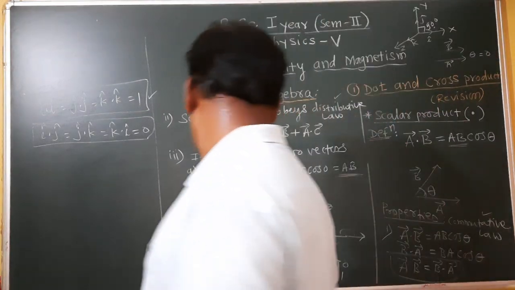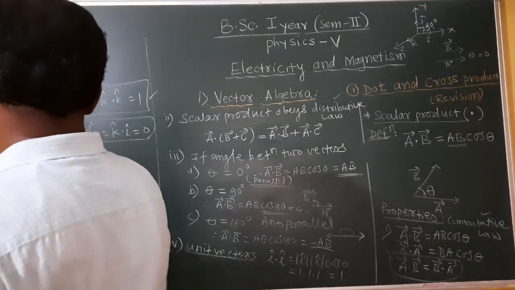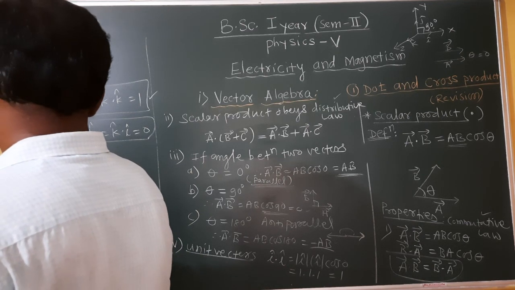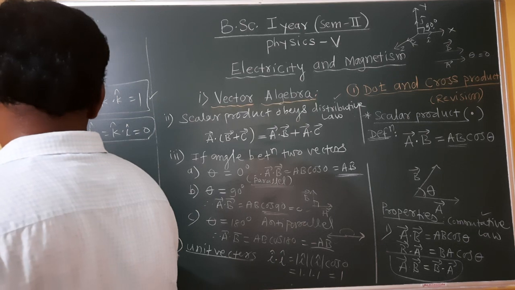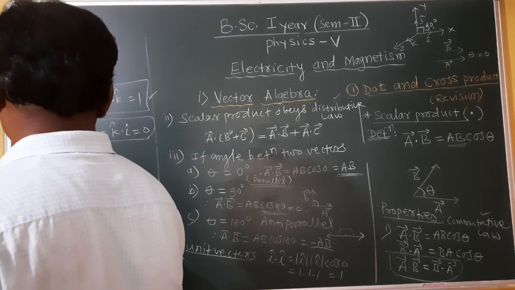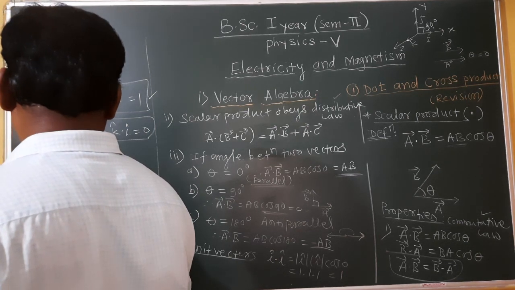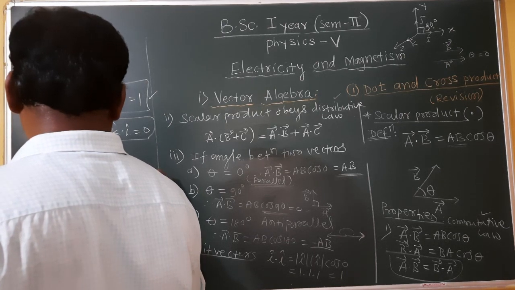And the last one, one more important property: A bar dot B bar is equal to AX BX plus AY BY plus AZ BZ.